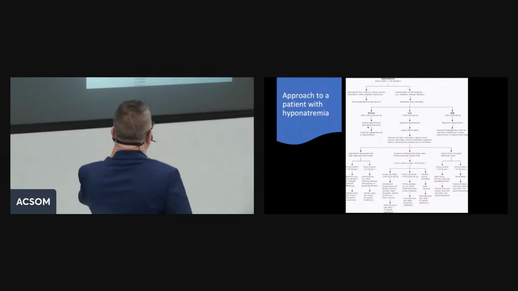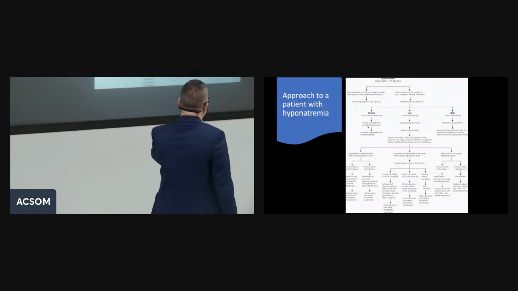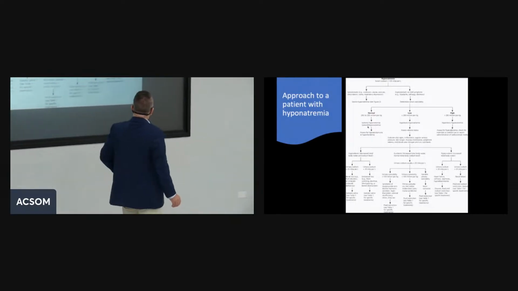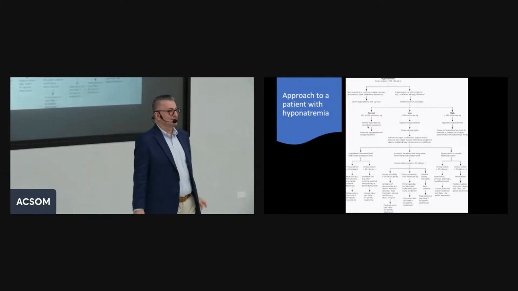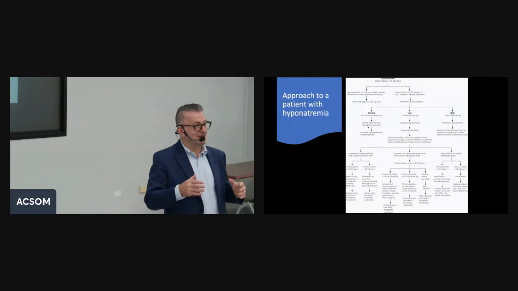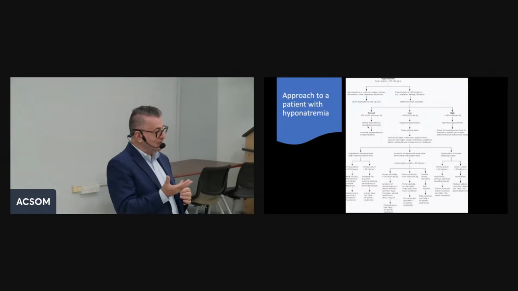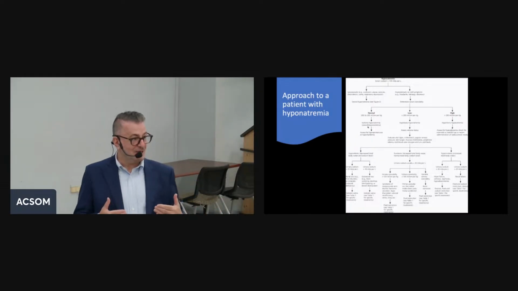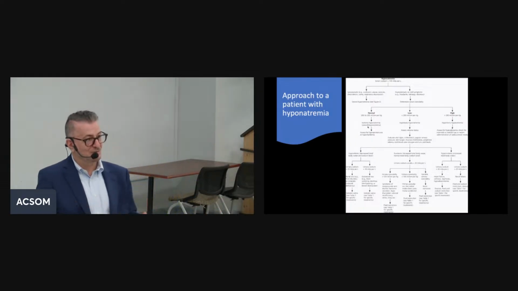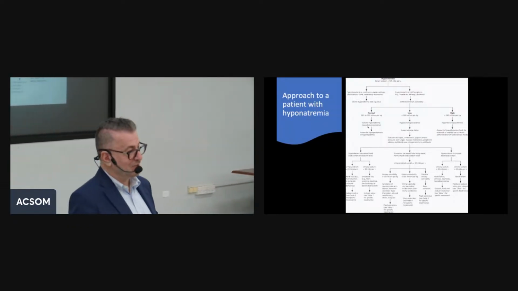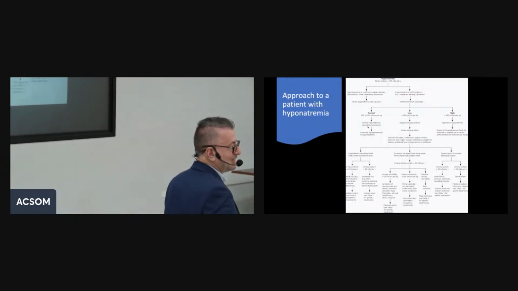So if somebody has hypervolemic hyponatremia, which means that they have edema, there are several conditions for that. Because edema, what causes edema? And this you probably learn later on. If they have heart problems, they get edema. If they have liver problems, they get ascites in the form of edema. Or if they have kidney problems, they get edema because they lose protein.